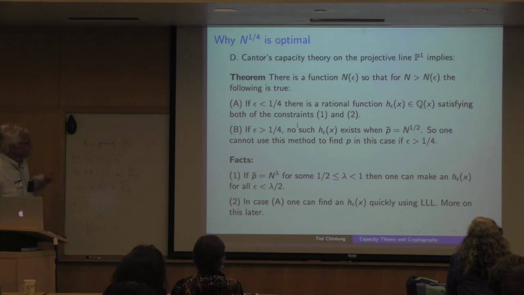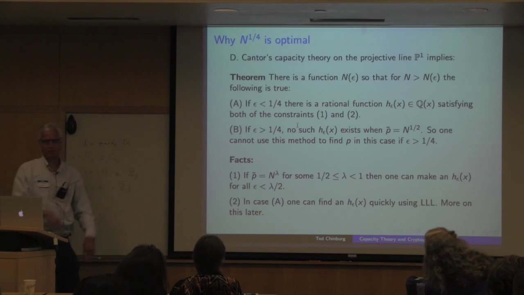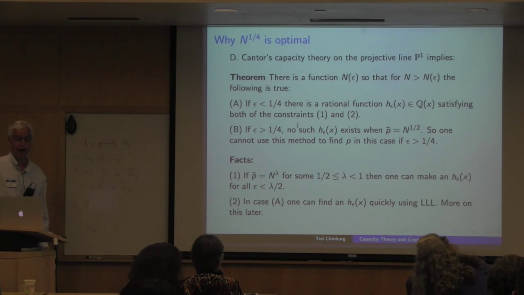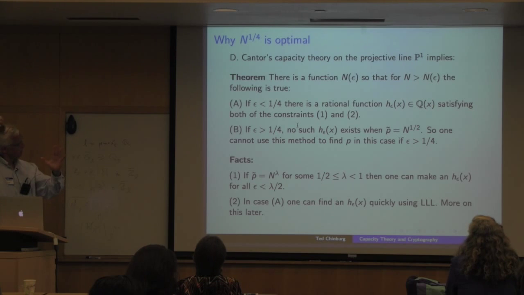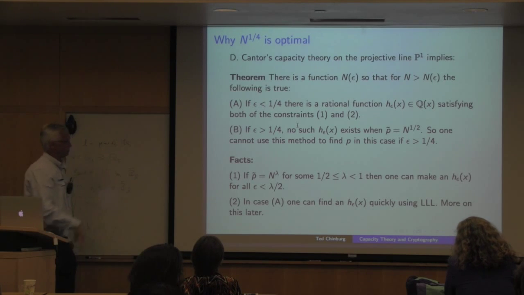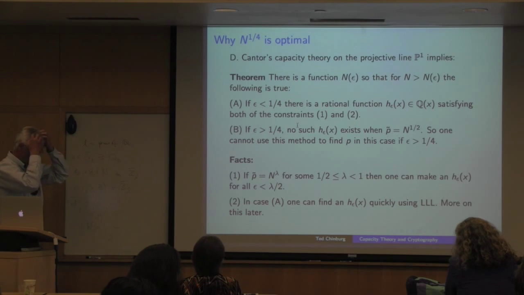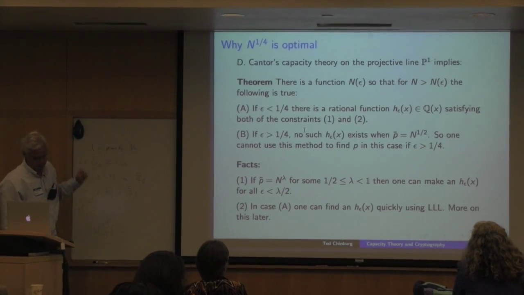And remember, this is when I take P tilde to be right in the middle. If I take P tilde to be n^(1/2), and I'm looking for divisors that are within some bigger error, n^epsilon with epsilon bigger than a quarter, close to n^(1/2), you cannot find this auxiliary rational function that will have the boundedness properties on the previous slide.